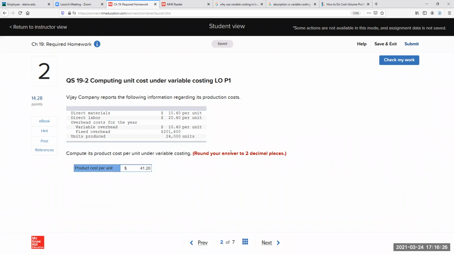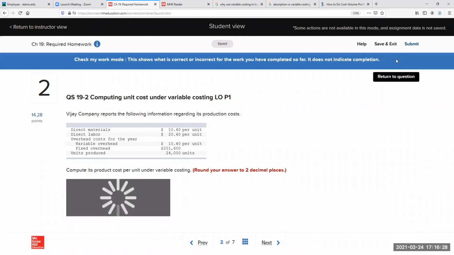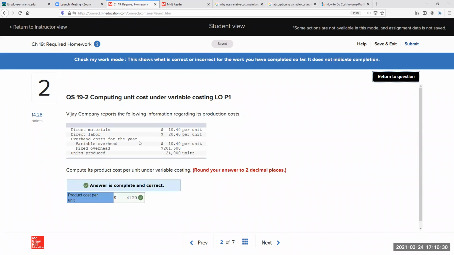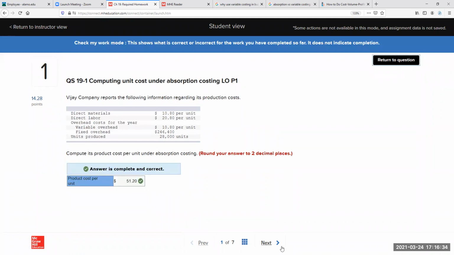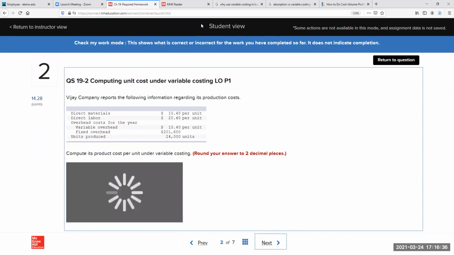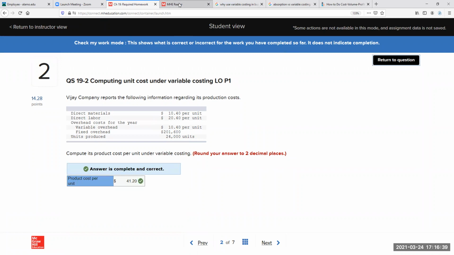I'm sorry, that was a math error in my head. 41, 20, and that should be right. So a little bit different. Anyway, you understand which ones you include.